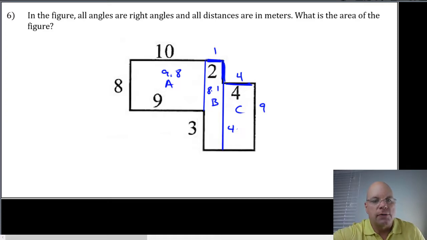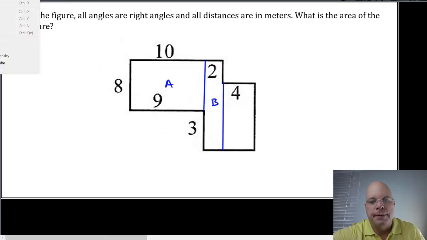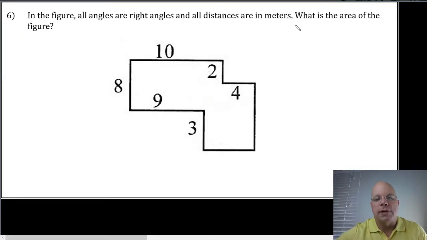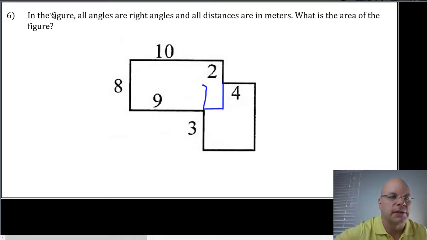But it's not the way I want to do this. I think there's a better way. And that's just one of the ways. You could certainly complete this rectangle, and then complete this other rectangle. Oops, if I could use my technology better.